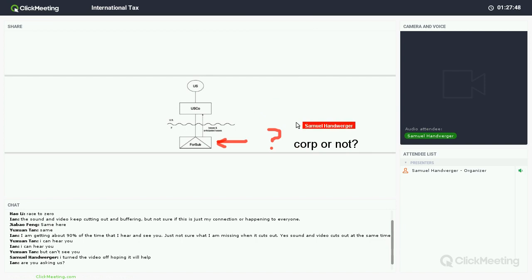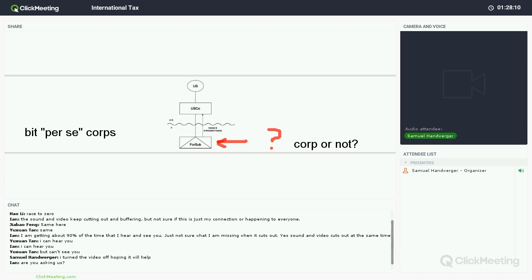So as a result, the check the box takes the guesswork out, because if you check the box and you say it's not a corporation or it is a corporation, there's no question from the IRS. This works, as we said one more time, for everything but the per se corporations, which are listed in the regs.